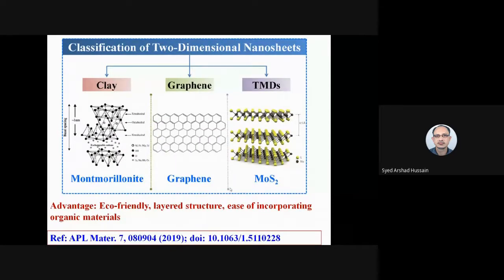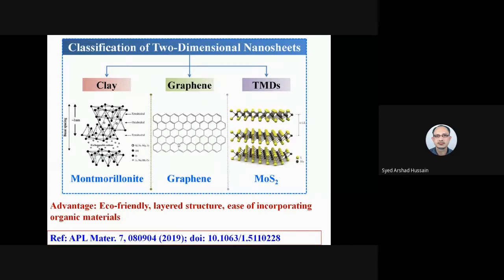Now, if you compare your clay with other two-dimensional materials, say graphene or MoS2 or others, because graphene is one of the most talked about two-dimensional materials. But the main issue of this material is toxicity, because in nanomaterials, most of the materials are toxic.